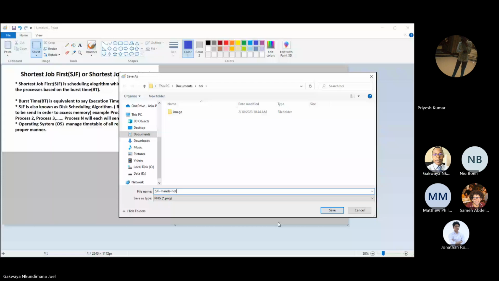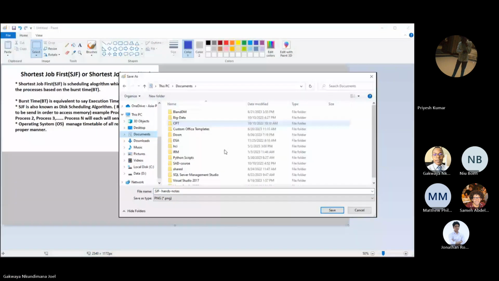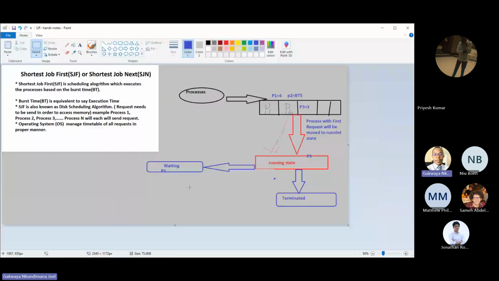So no problem. Okay. So this is the work which you can think about, right? These are the things which you can understand about shortest job first. I want to give you an example here, and then you can see how you can make a Gantt chart. Okay? I'm going to give you an example so you can imagine what you can do to that one.